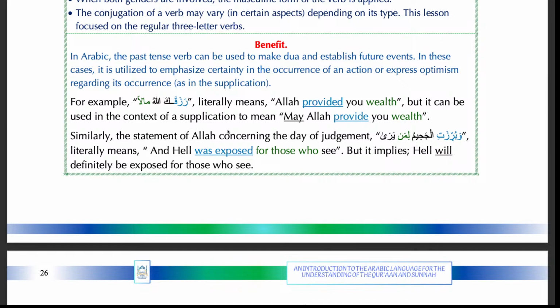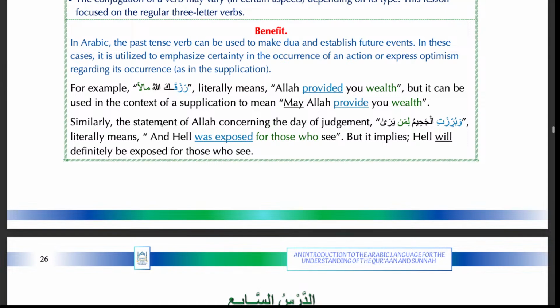Yeah, the same construction. So Razaqaka Allahu malan can mean Allah provided you wealth, where you're informing the person, or you're making dua for the person. Why do they use the past tense? As a means of optimism. As if you're making dua for the person, but you're optimistic that it's going to happen.